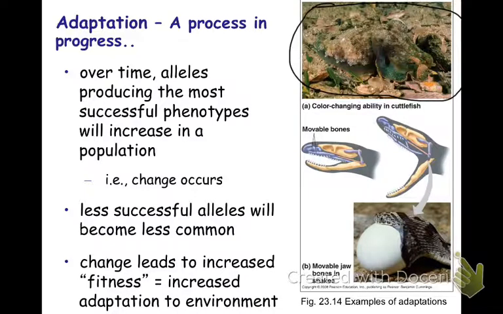There might have been various different varieties of characters in the entire population of cuttlefish, of which if they belonged to this environment, this kind of variety was able to avoid being observed when they were hunting for prey, and so they were able to catch more prey, grow into adulthood, find Mrs. Cuttlefish, have more babies having the same quality, passing it down, and over a period of time you then look at the population, all of them look exactly like this, and you say, oh no, how did that happen?